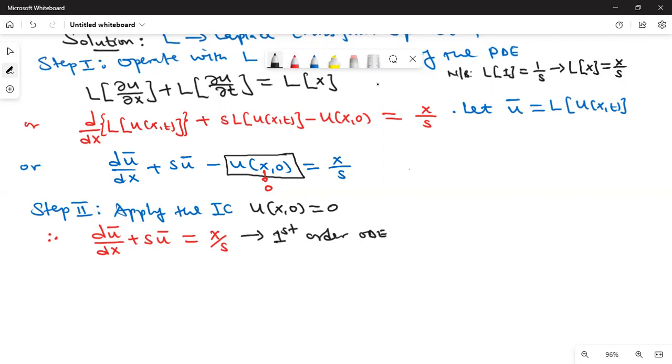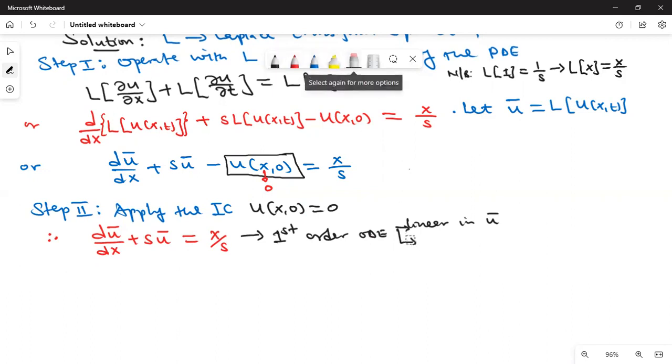This equation is linear in u bar, and so you can use the D operator method.